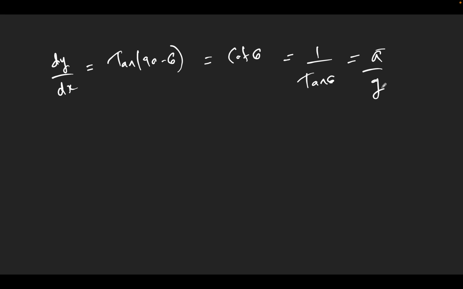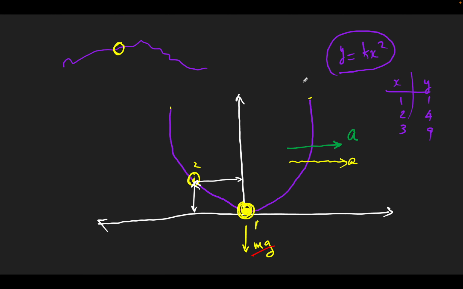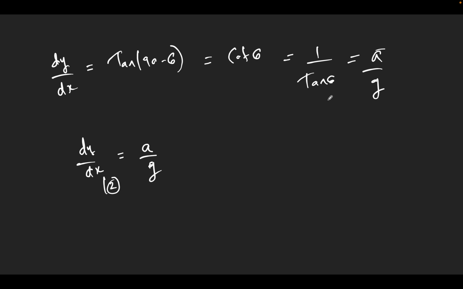A by g. That means dy by dx at point 2 must be equal to a by g. But what is the equation for this curve? We know this curve is y equal to kx squared, right? So what must be dy by dx?